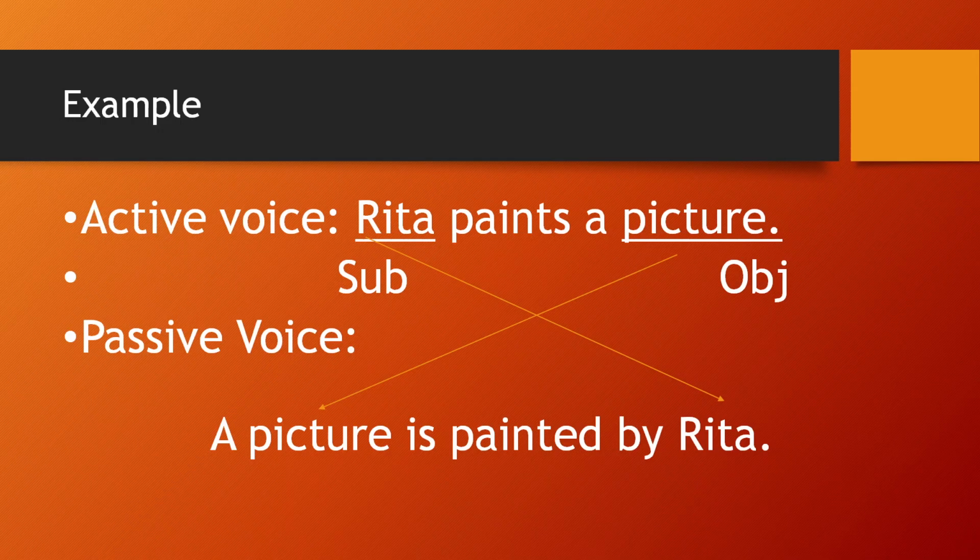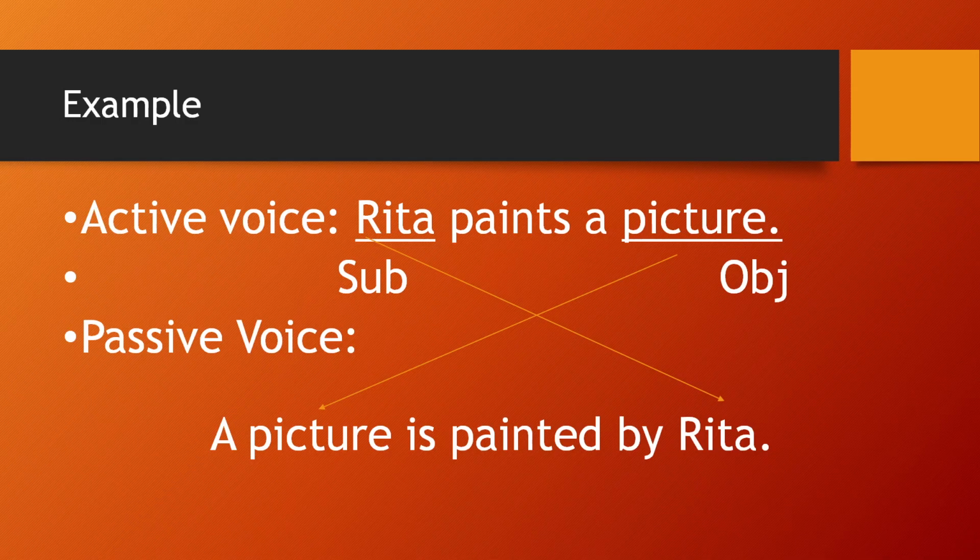I mean to say, please follow the arrows, we bring the object of the active voice to the subject position of the passive voice, and then we bring the subject of the active voice to the object position of the passive voice.